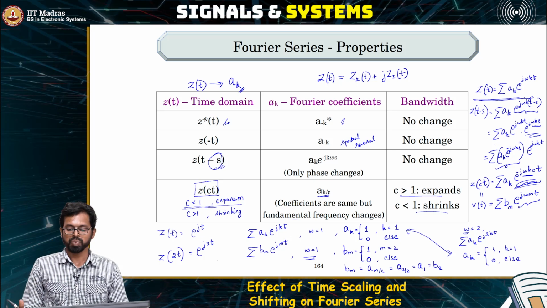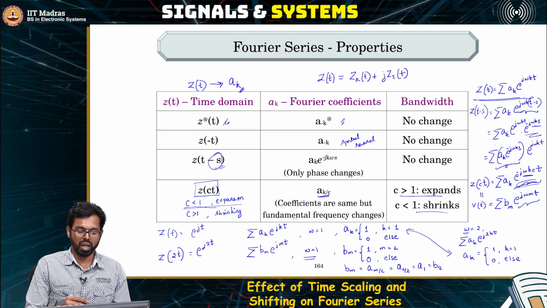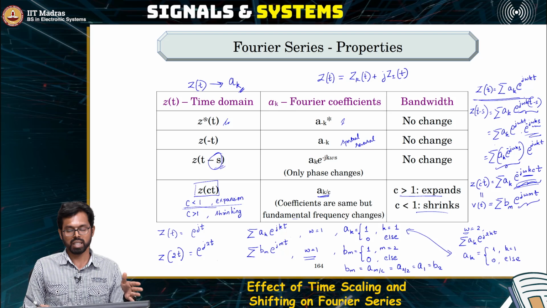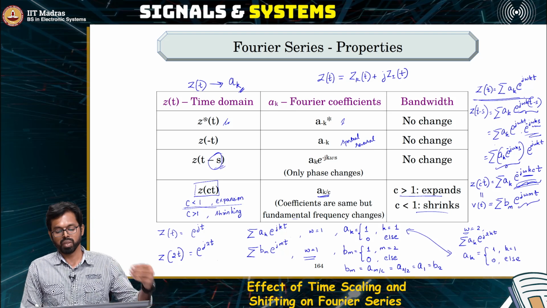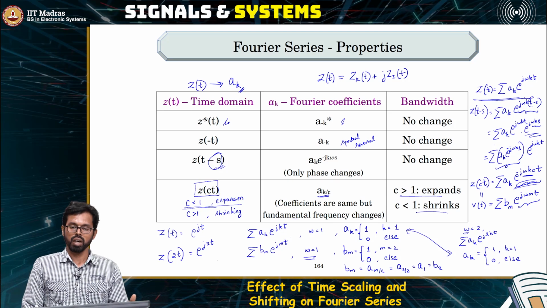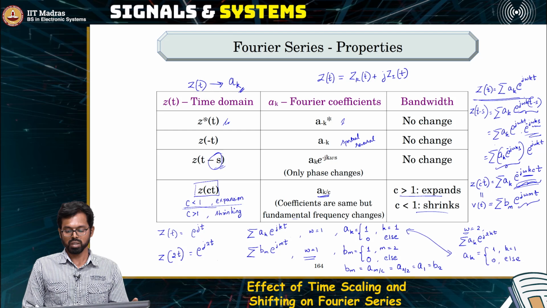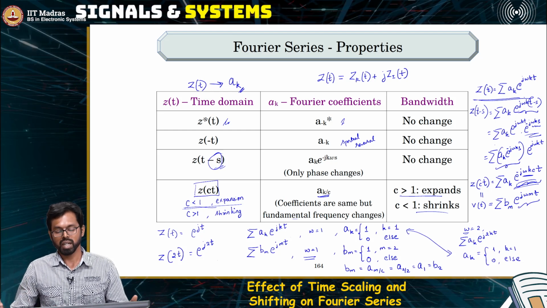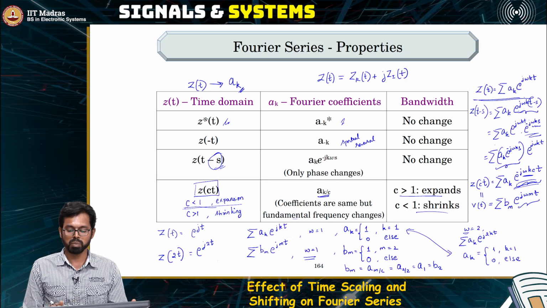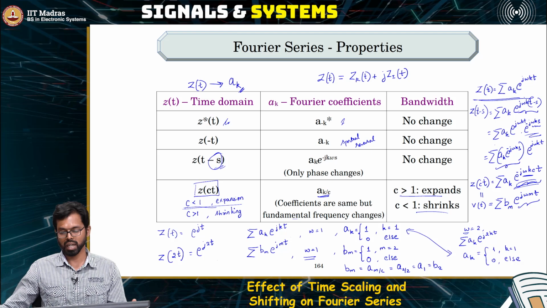But note that we cannot arbitrarily change the fundamental frequency. So if the smallest fundamental frequency that is present in the signal itself is, let's say, 2 radians per second, then I cannot represent the signal with a fundamental frequency of 3 radians per second, because the fundamental frequency of 3 radians per second and its harmonics are plus or minus 3, plus or minus 6, plus or minus 9, and so on.